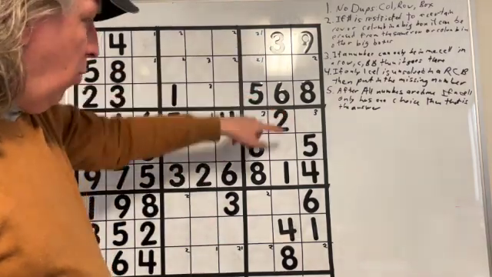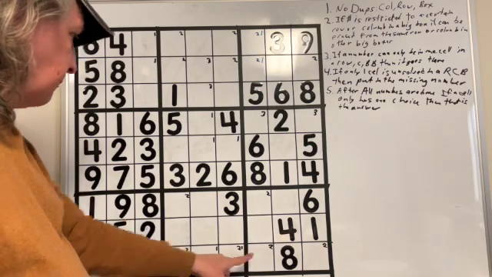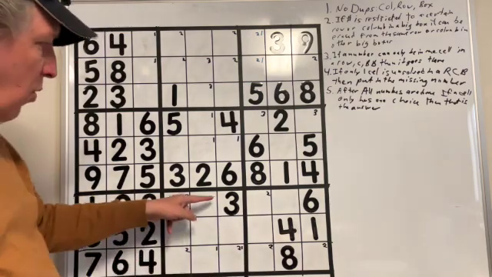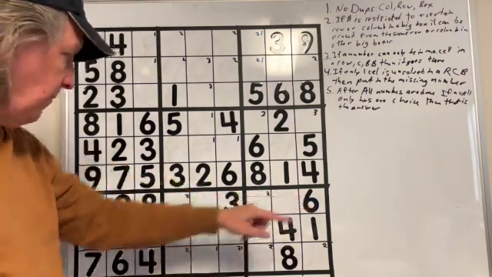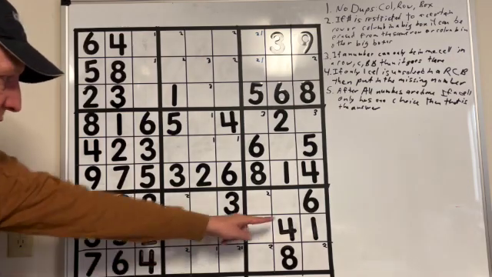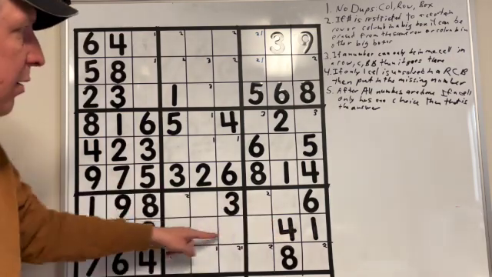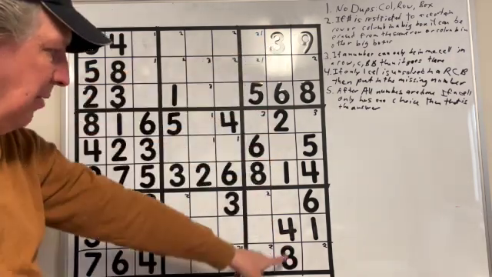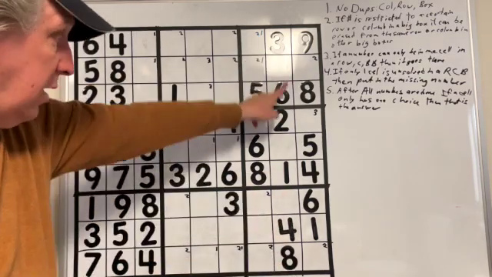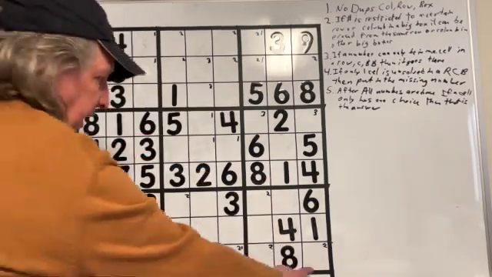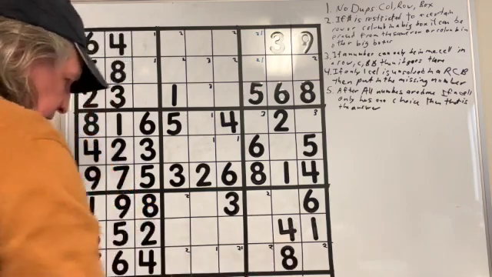We know that one. So what about this one? 3 cannot go across the top because of this one. It cannot go across the middle because of this one. And it can't be in the middle here because of this one. So that just leaves these 2 as choices.